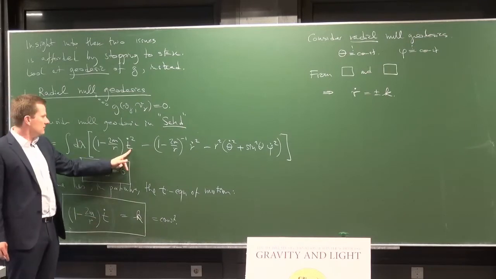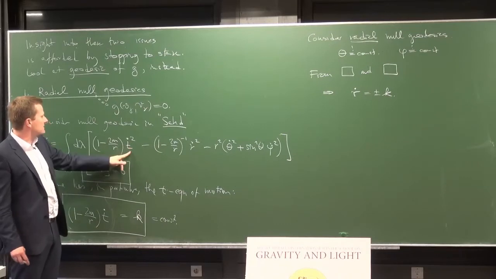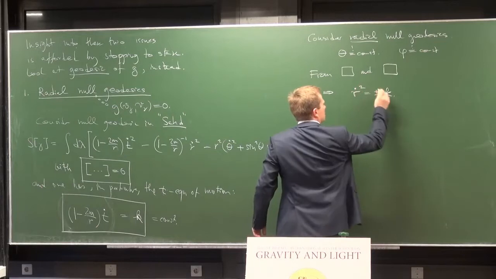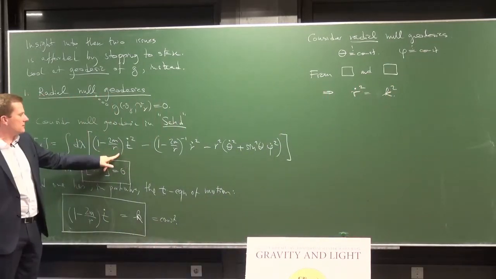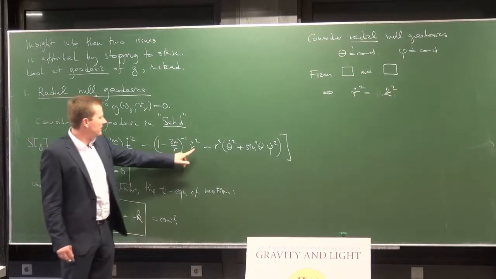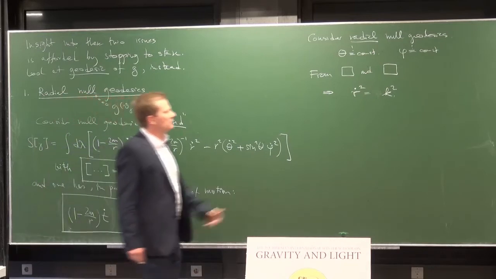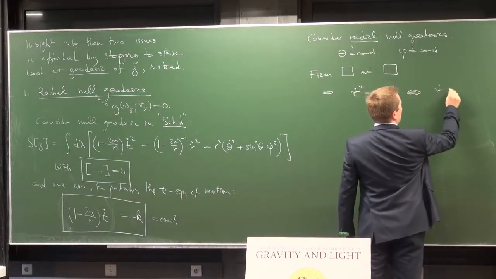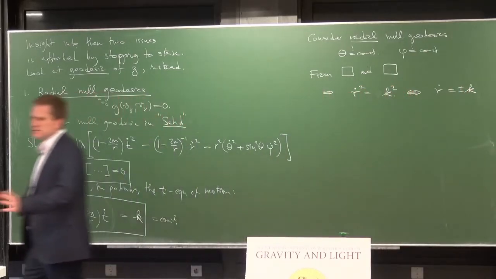You plug it in, that gives you k squared divided by the round bracket, minus r dot squared divided by the round bracket. You multiply by the round bracket, you get this one, and this is of course the case if and only if r dot is plus or minus k. Okay, this is just insertion.